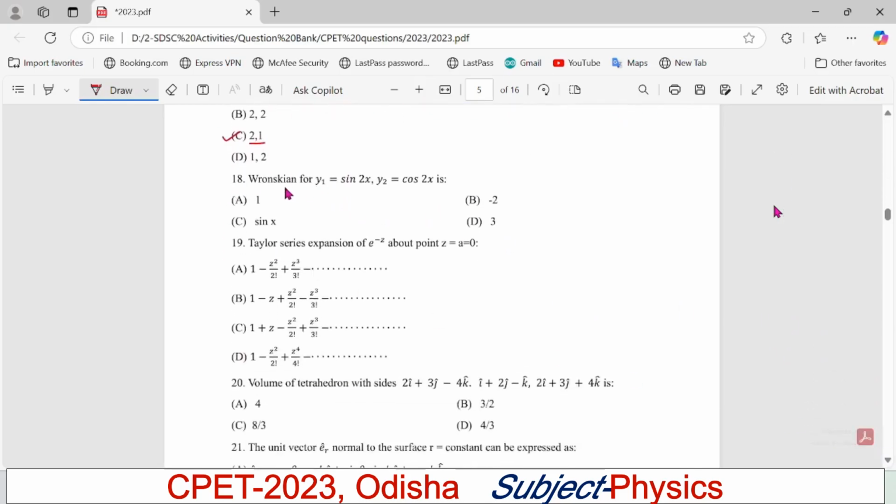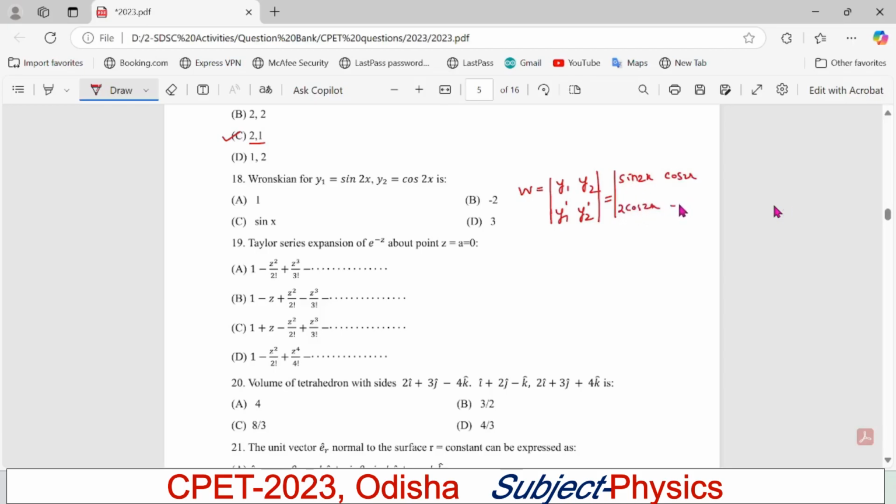Question number 18. The Wronskian for y1 equal to sin 2x, y2 equal to cos 2x is what? In general, Wronskian is represented as this one: the solutions y1, y2 and their first derivatives y1 dash, y2 dash. So here y1 is sine 2x and y2 is cos 2x, and the derivative of sine 2x is 2 cos 2x.